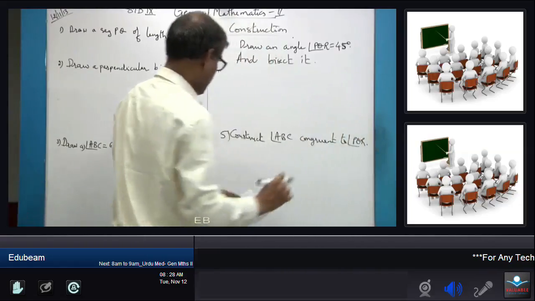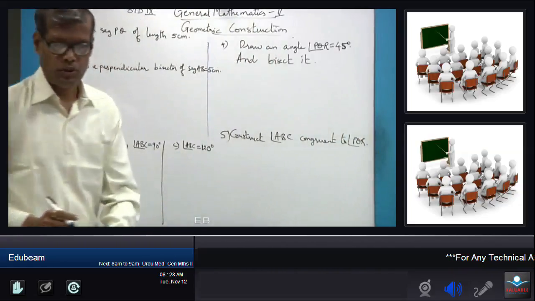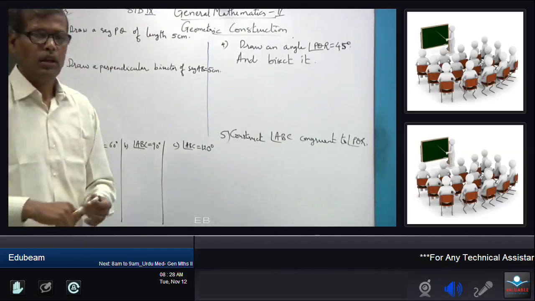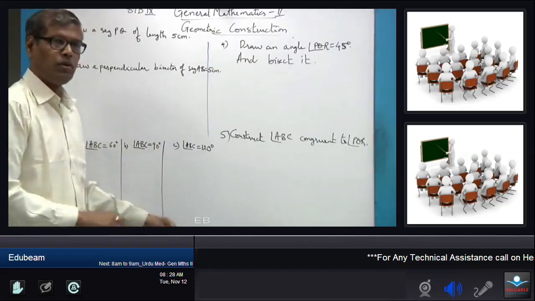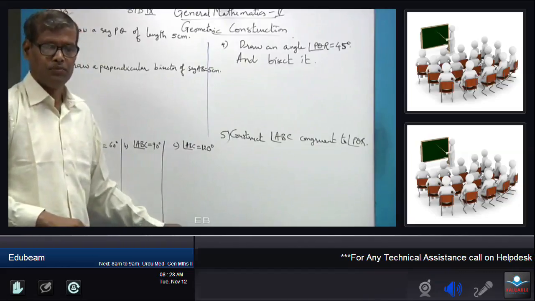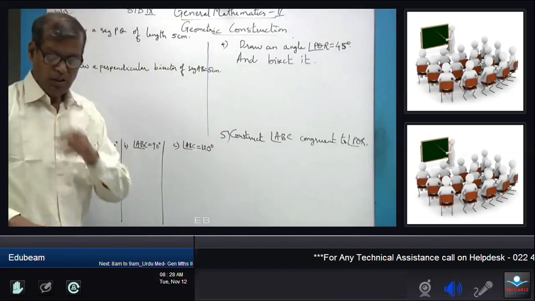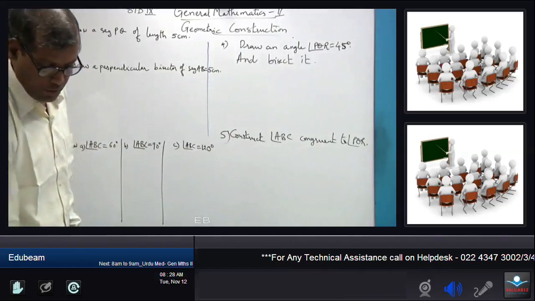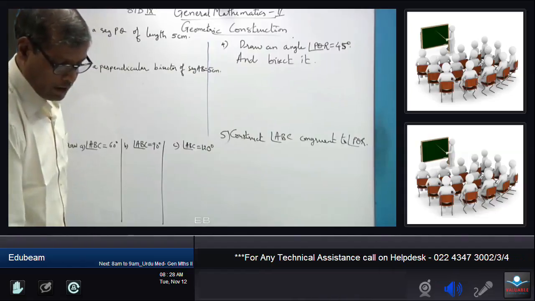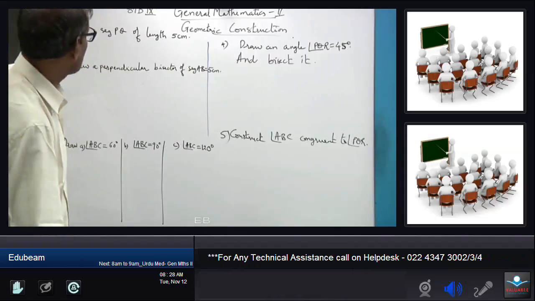Let's take the next one. Draw a perpendicular bisector to segment AB equal to 5 centimeters. So the first part is continued in the second one.